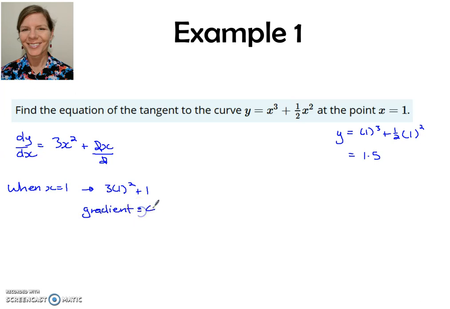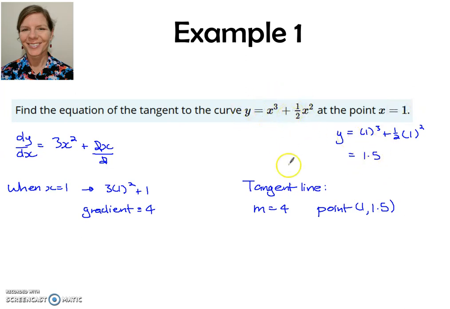So now we have the gradient. Going back over to our tangent line, we know the gradient is 4, so m equals 4. It goes through the point (1, 1.5), which is what we found up here.